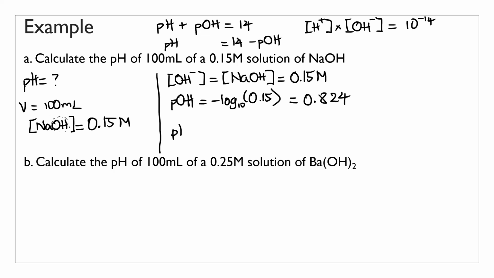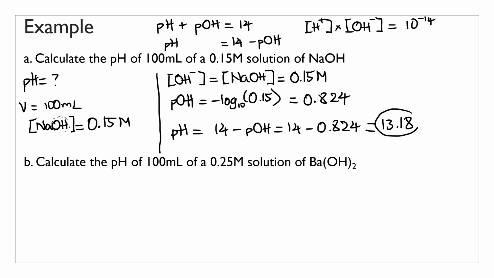So pH is going to be 14 minus pOH, which is 14 minus 0.824. So I have 13.18, and this is my pH, which makes sense because this is a base, so you should have a pH of above 7, and this is a fairly strong base, so it's quite close to 14.